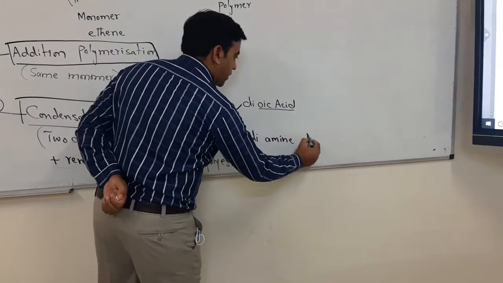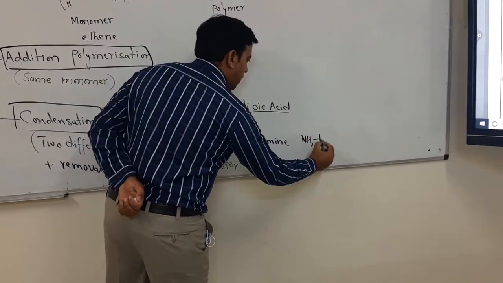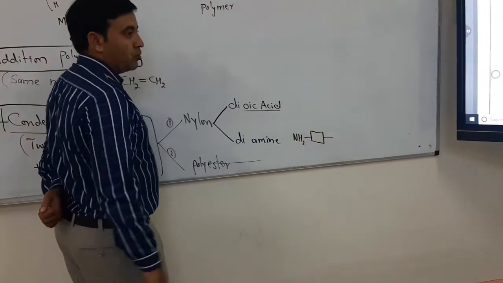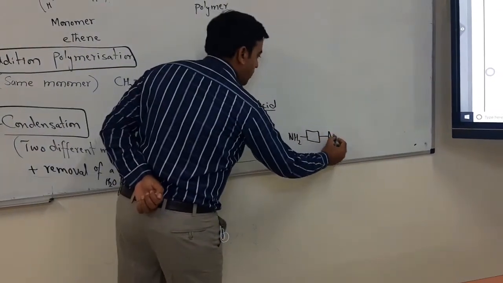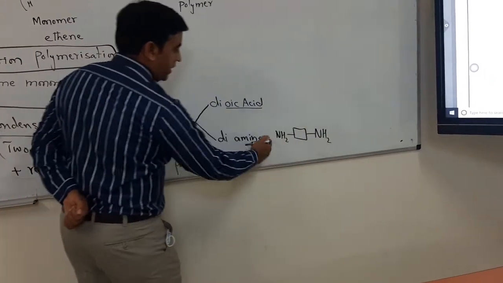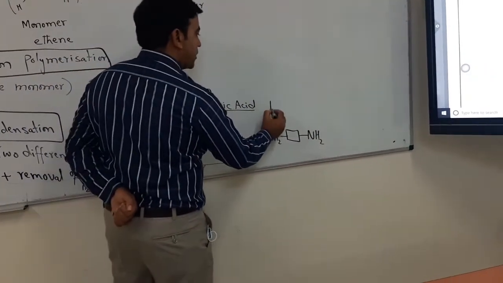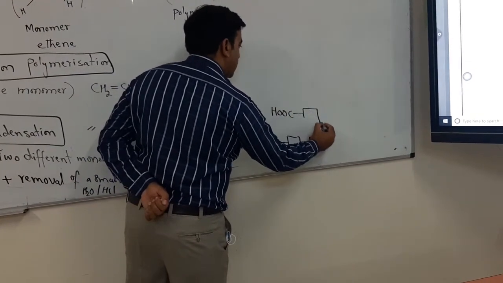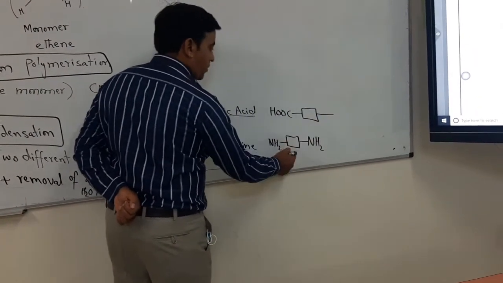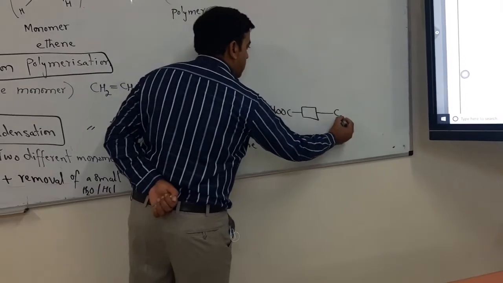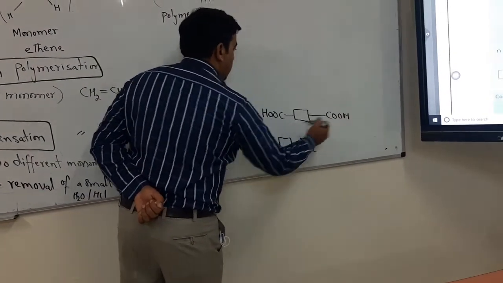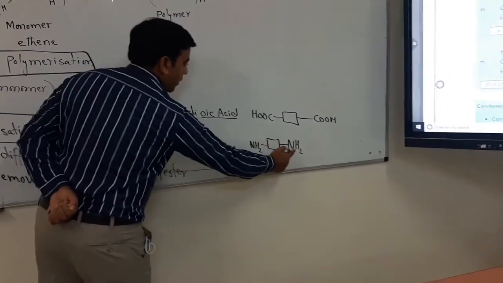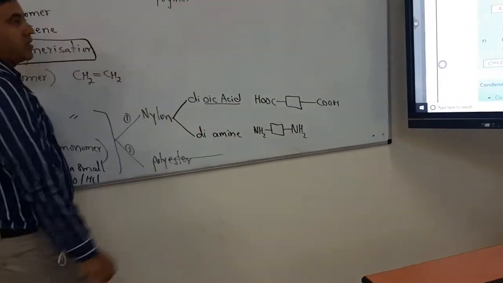Diamines mean that NH2, then we have how many molecules of carbon atom, sometimes we show by box, no problem, then here NH2, this is called diamine, and dicarboxylic HOOC. Then here number of carbon atom, you can just copy, make it box, and then here COOH. Because we have 2 carboxylic, we call dioic. We have 2 amines, we call diamines.